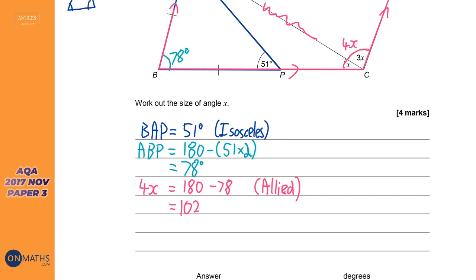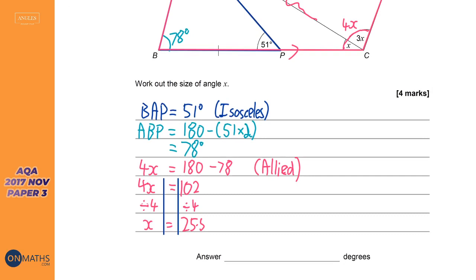And then I get my famous tram lines in. Get that 4x in, get tram lines in, because we're going to divide both sides by 4 to find out what x is. So x equals 25.5. So the answer is 25.5.